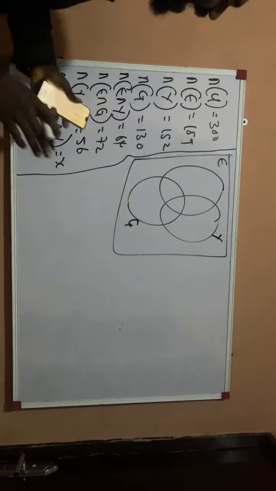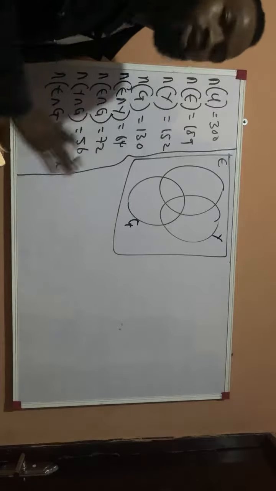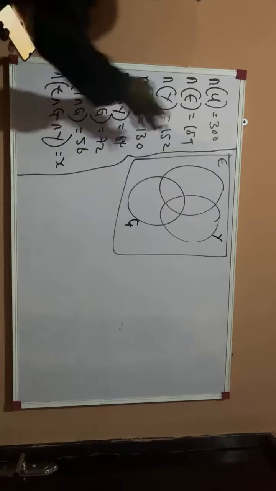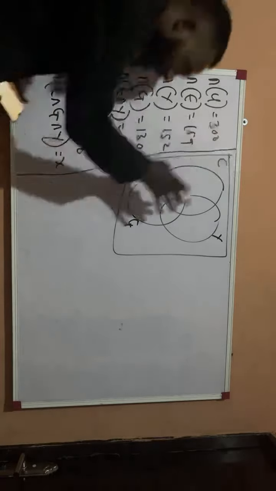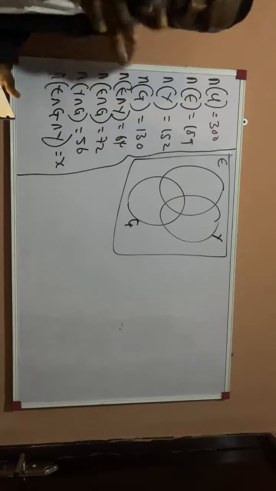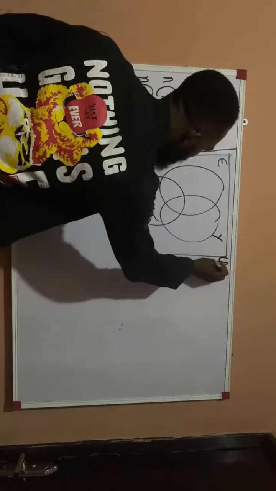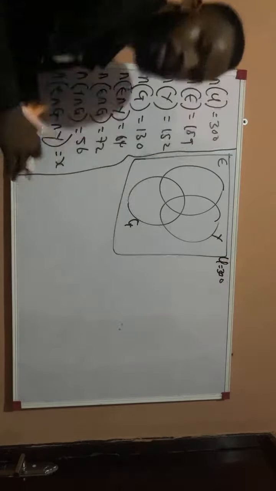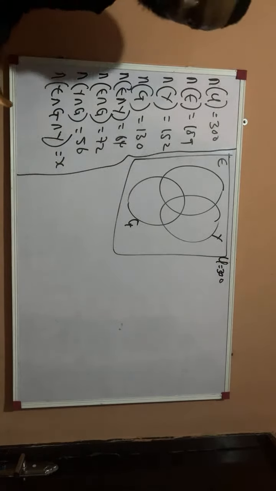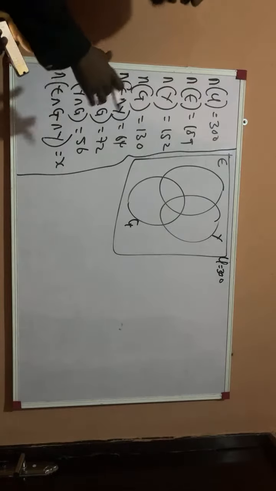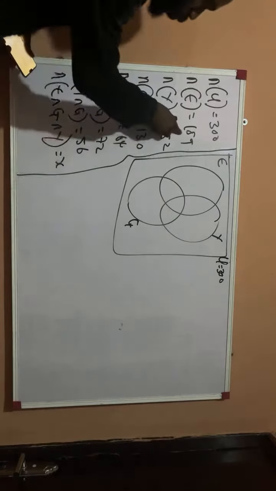As you can see, the circles are empty. But we are about to present this information in the circles. So let's begin. First of all, our universal set is 300. That's the total number of viewers in the festival. They told us that the total number of persons that love Efik dance was 189.